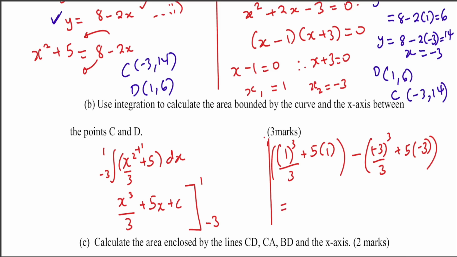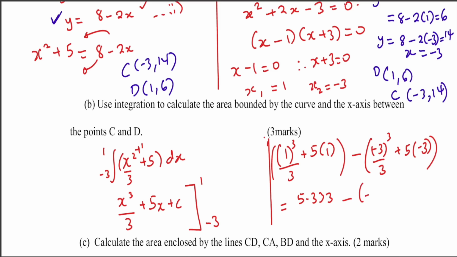So the first one gives you 5 plus 1 divided by 3, which is 5.333, and the other one should give you a negative. If I take negative 3 cubed, then divide by 3, minus 15, that is negative 24.